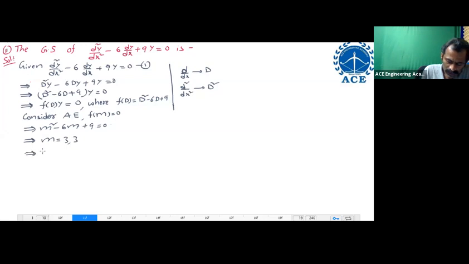Which implies yc equal to (c1 plus c2x) into e power 3x. Or we can have c1 e power 3x plus c2 into x into e power 3x. Both are same.